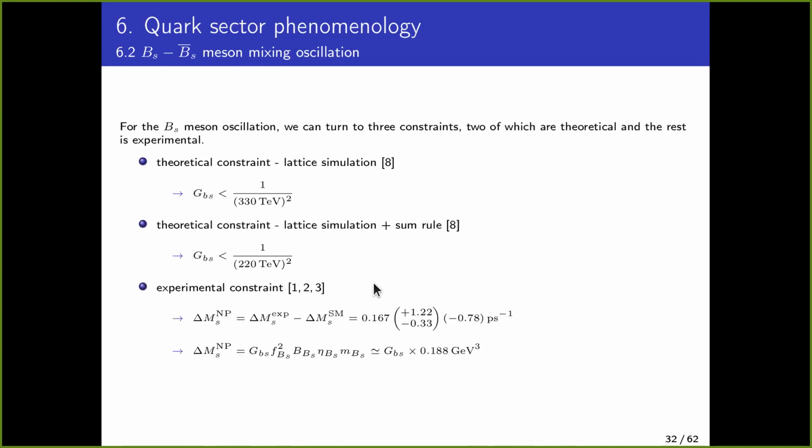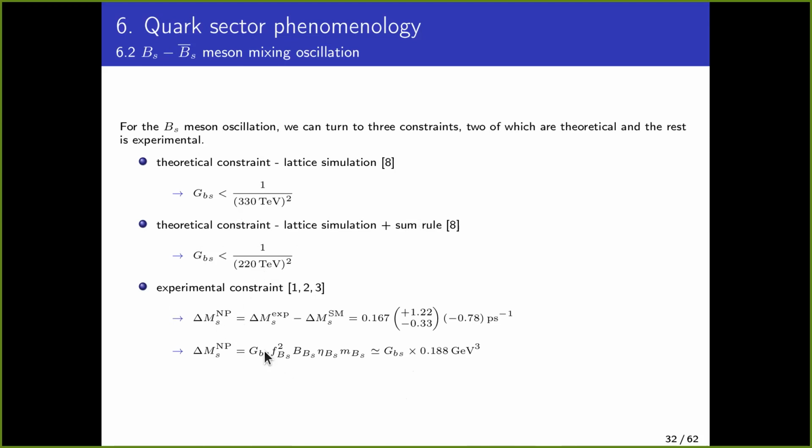For the PS measurement oscillation, we can turn to three constraints, two of which are theoretical and the last is experimental. First, the theoretical constraint is the lattice simulation, which gives rise to this constraint. The other theoretical constraint combines this lattice simulation with the sum rule. It gives a somewhat looser constraint compared to this one. Finally, we will also derive a constraint directly from the experimental result.